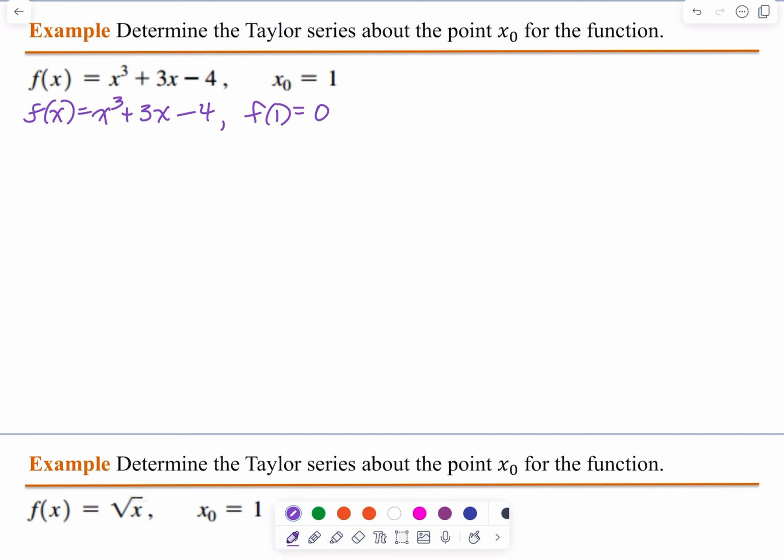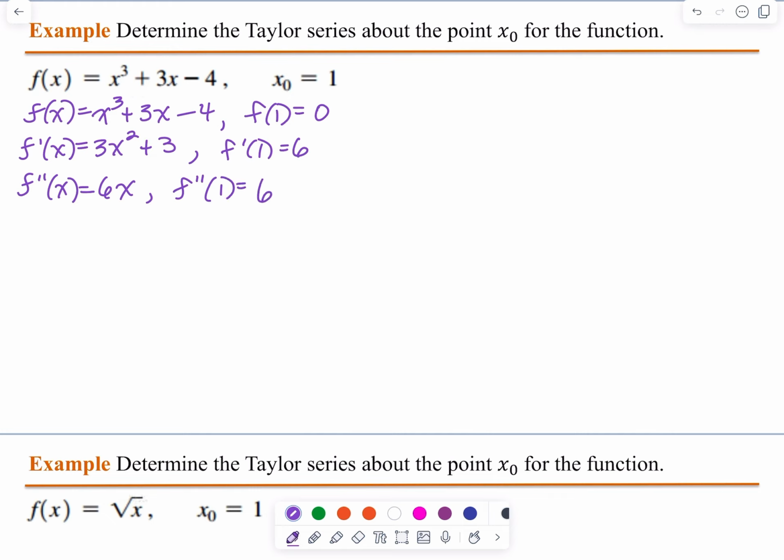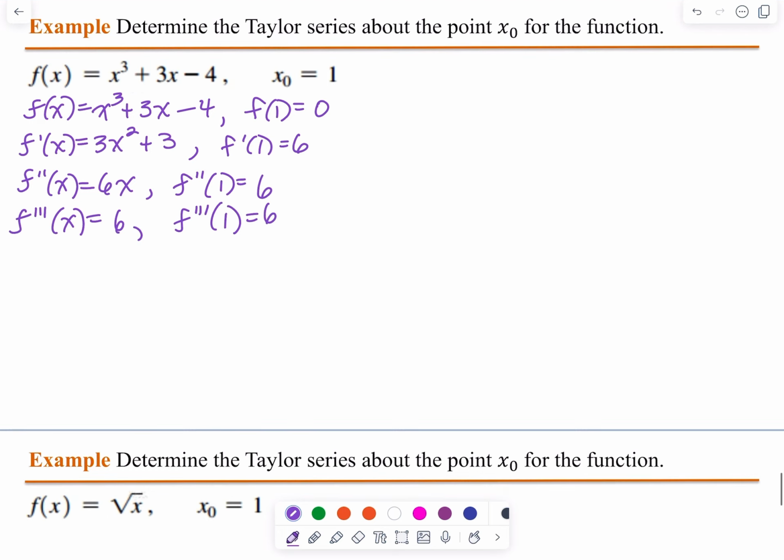So now we have f prime of x is equal to 3x squared plus 3, and we have f prime at x naught to be equal to 6, and we have the second derivative is 6x, and we have that second derivative evaluated at our x naught, and that's going to be 6, and our third derivative is 6, and our fourth derivative and all future derivatives are going to be equal to 0.